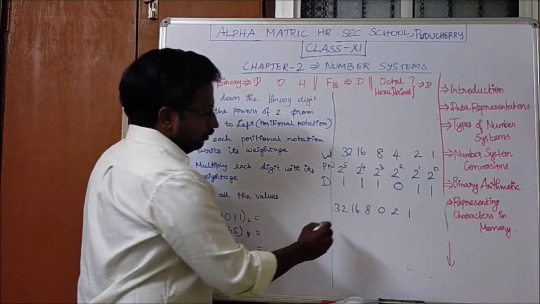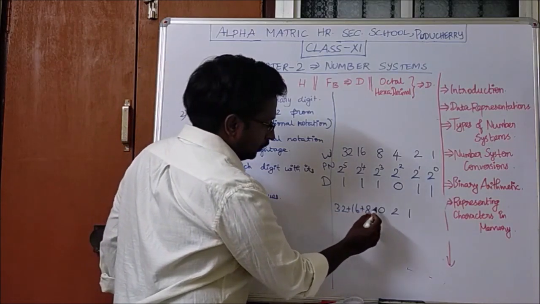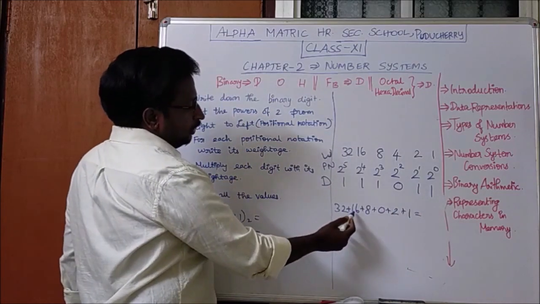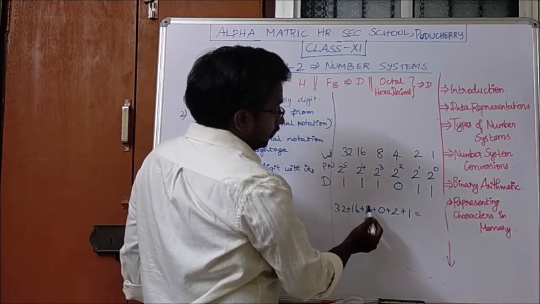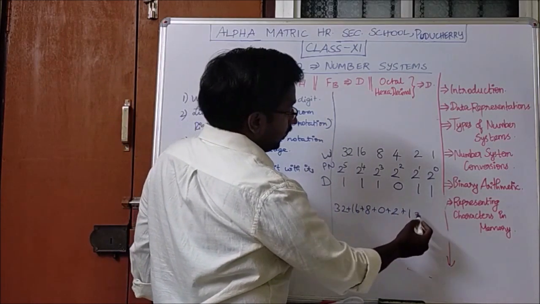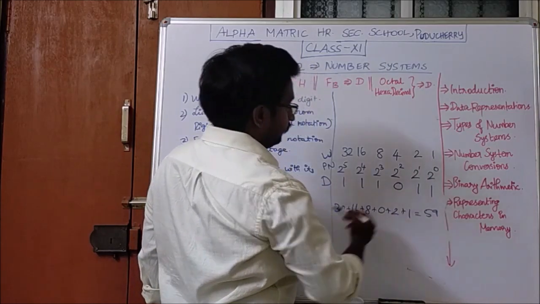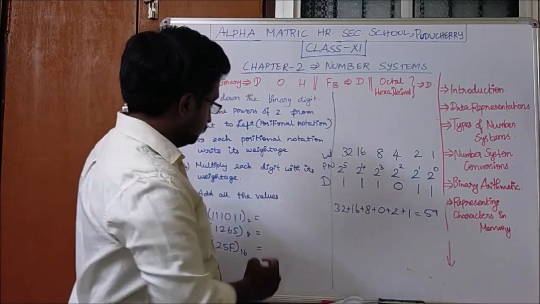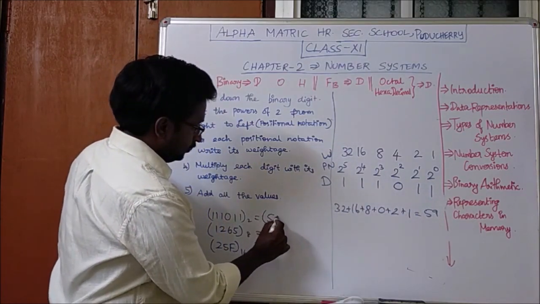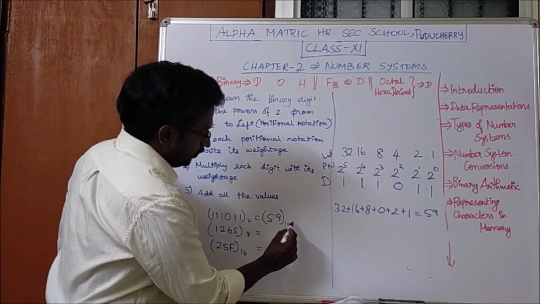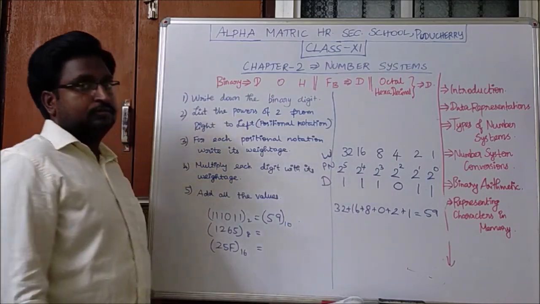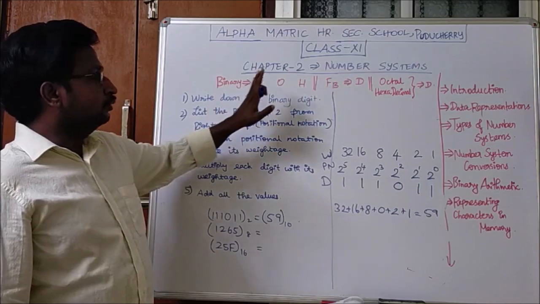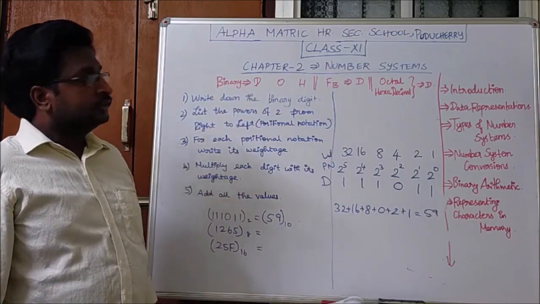Now add all the values: 48, 56, 58, 59. You have to write the radix, that is base 10. So this is how binary to decimal conversion is done.